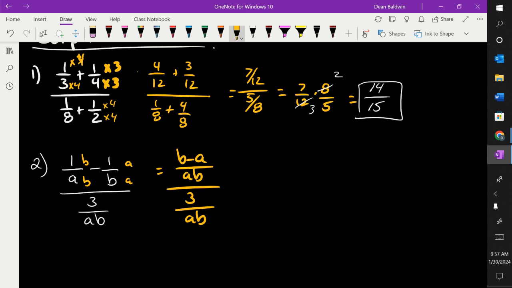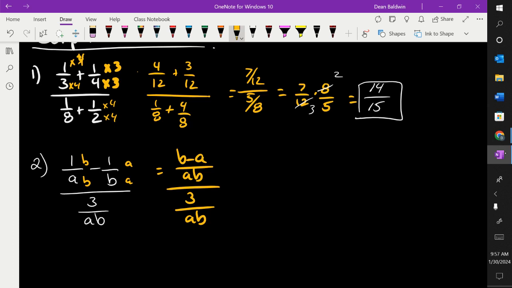Does anybody know why, when you're dividing fractions, you flip and multiply, other than your math teacher told you a long time ago? There's actually a reason for it. Why do you? It's because they don't like fractions stacked on each other.